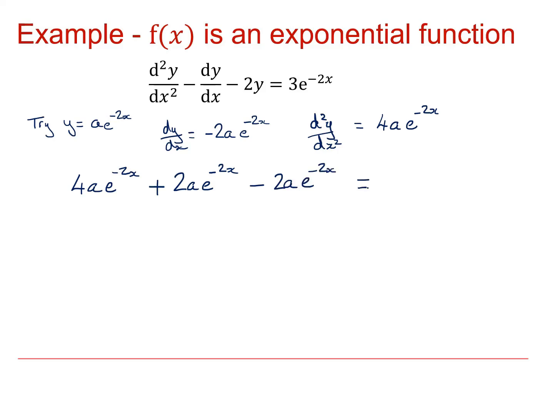And that's got to be equal to 3 e to the minus 2x. Well, pulling those together, I've got 4a plus 2a minus 2a, so I've got 4a is equal to 3, and therefore a is equal to 3/4. So my particular integral is going to be y equals 3/4 of e to the minus 2x.